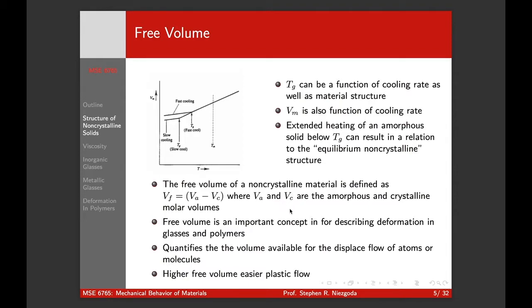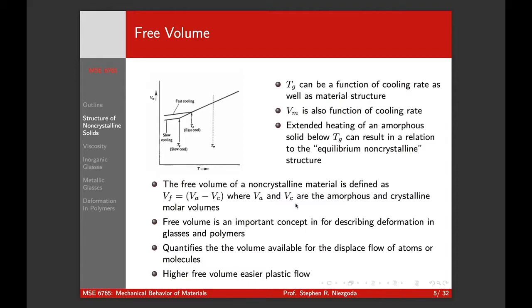or crystalline specific volume. Other authors say an ideal amorphous, which is more broadly useful, but it's harder to define. What do you mean by the ideal amorphous structure? But you can just think of free volume as a local volume difference between some reference state and the current amorphous state, right?